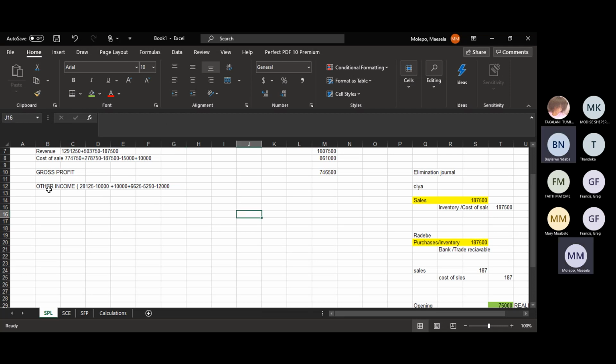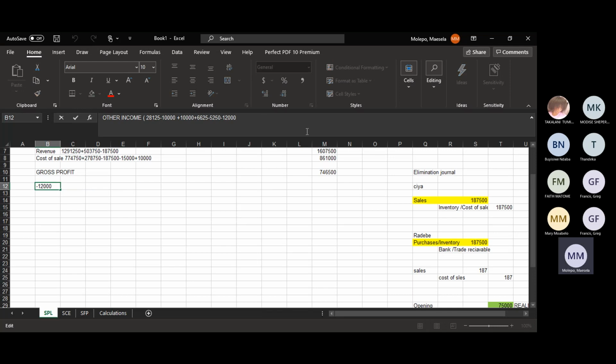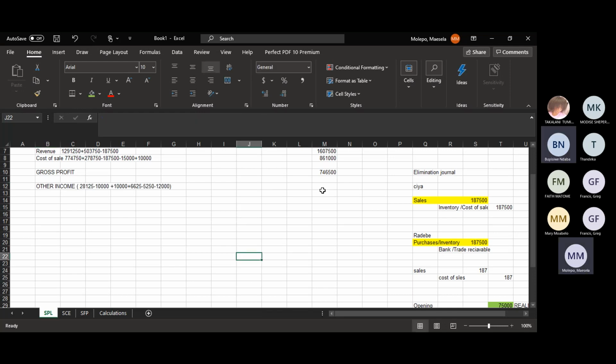How much do you get on your side? 17,100 rands. 17,100 rand. Yes. And I did it twice. Me, I got 17.5. 28,125.